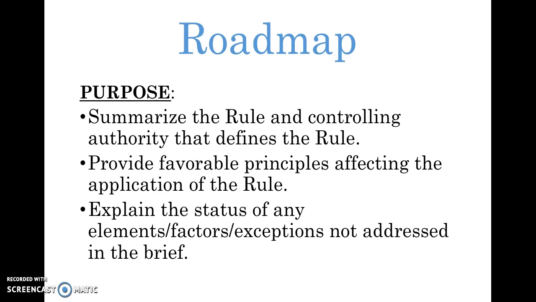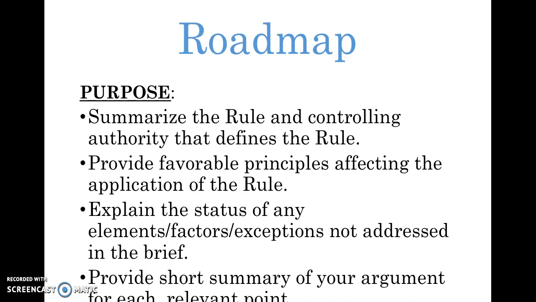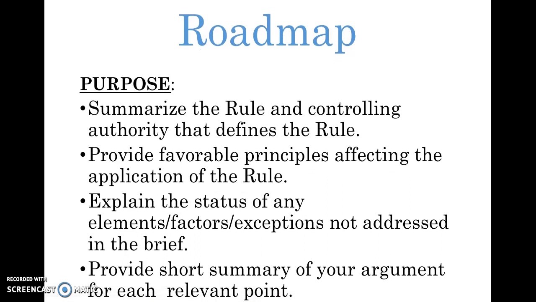After you narrow the focus, you provide a short summary of your argument for each relevant point. So once you've identified the very specific issue that you'll be arguing, you give a roadmap of how you're going to work your way through that argument. And then hopefully you follow the roadmap that you set out for yourself.